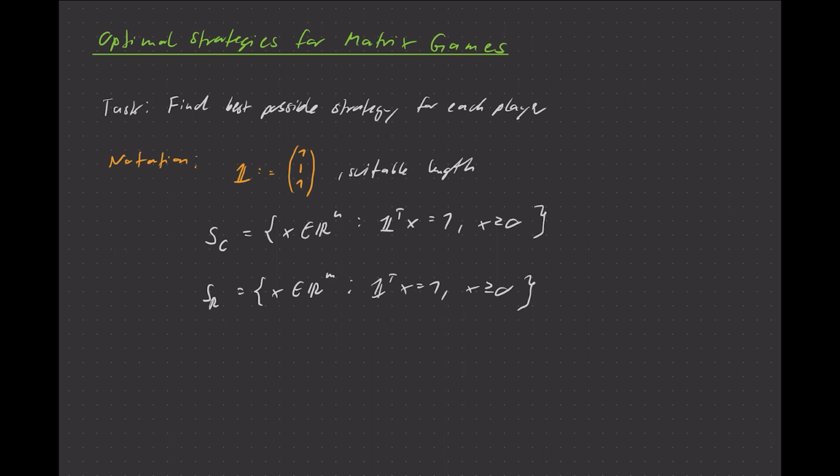We don't need to enforce less or equal to 1 for the entries, because that will be automatic. If there's only non-negative entries and they sum up to 1, then of course no entry can be higher than 1. So that's not a problem. And we'll use that notation extensively from now on.